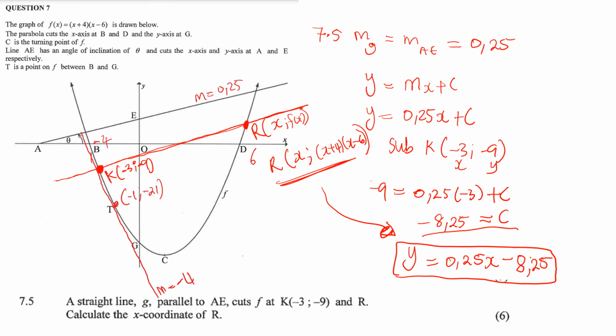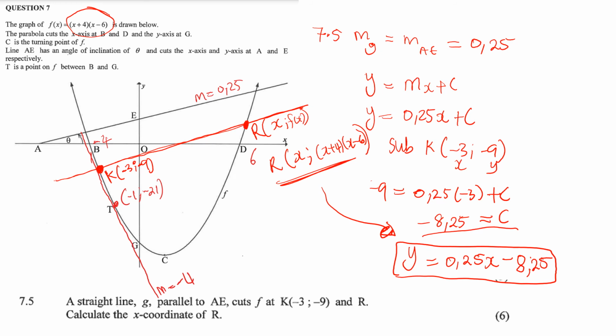But y is the same as f of x because this R is found on the graph of f. So we can replace y by f of x, and this f of x can be replaced by the equation x plus 4, x minus 6, so that we can have the x's there and substitute into the equation and solve for x, getting the x coordinate of R.